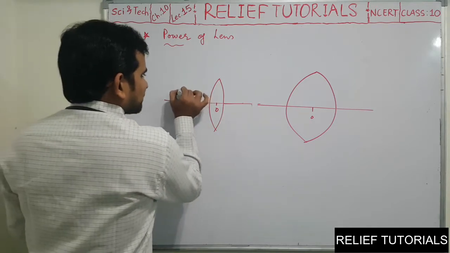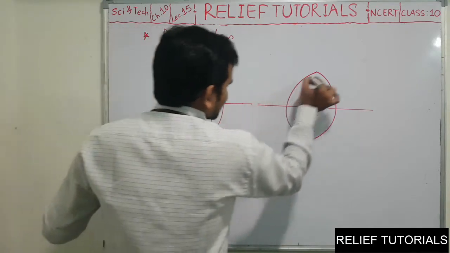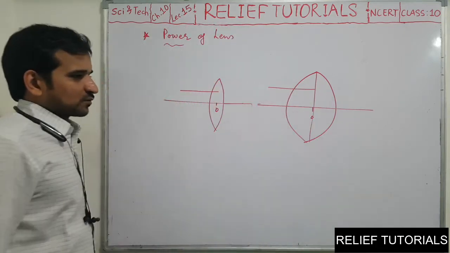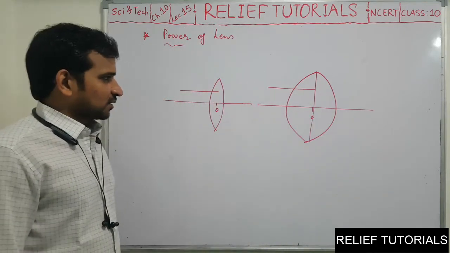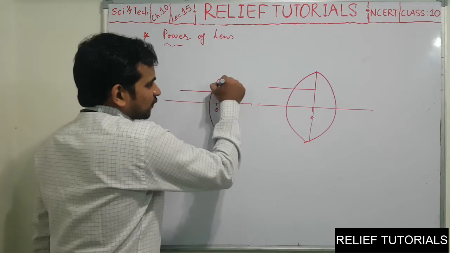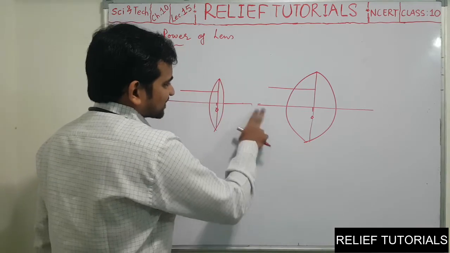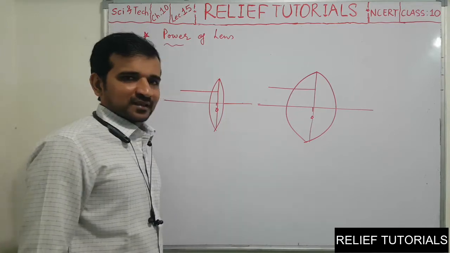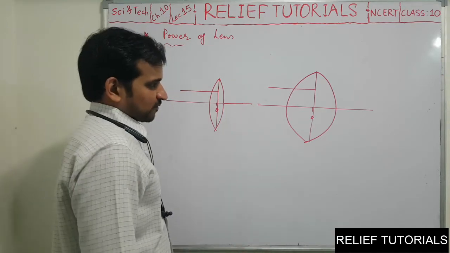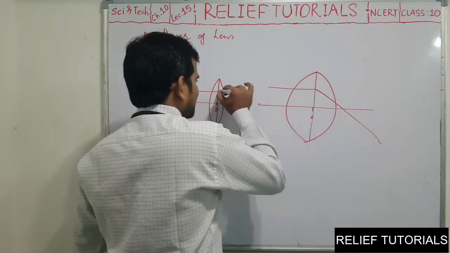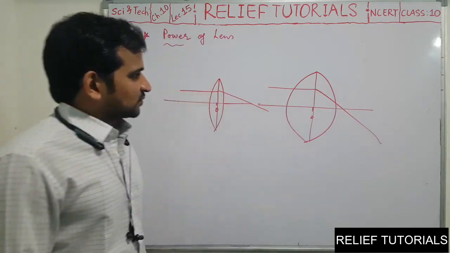Let us pass one parallel ray here and here. This is the center line. This is one of the parallel rays going to both the lenses. Now logically, if I ask you in which lens the ray will be refracted more, obviously you will say that here the refraction will be more as compared to the first one.